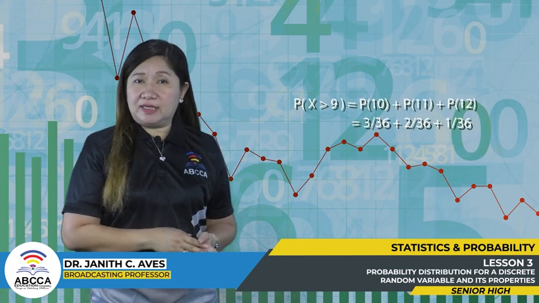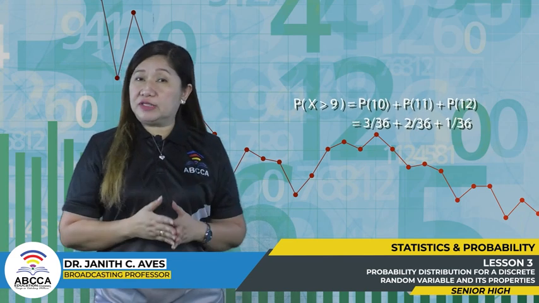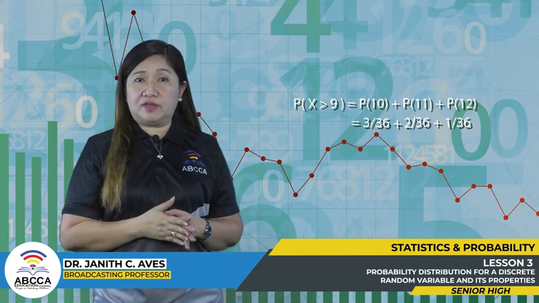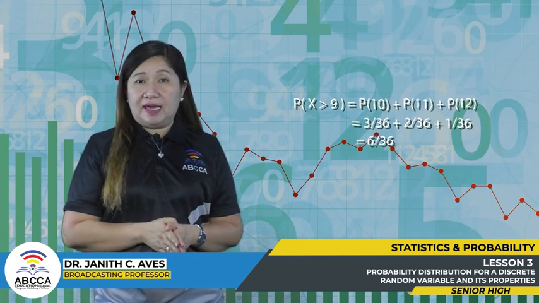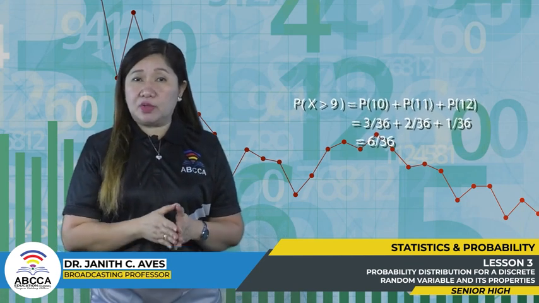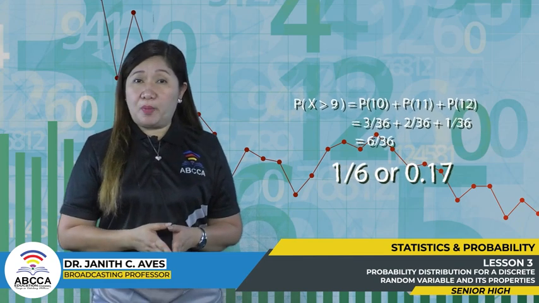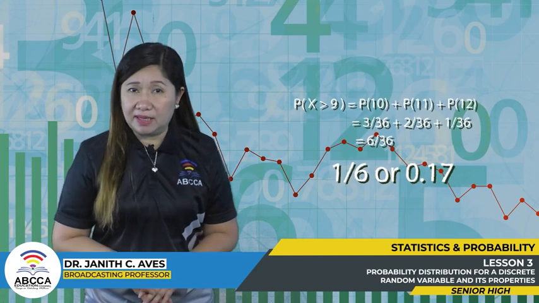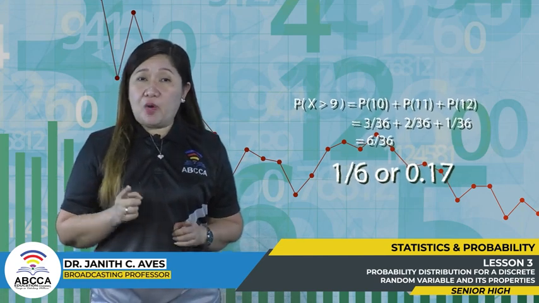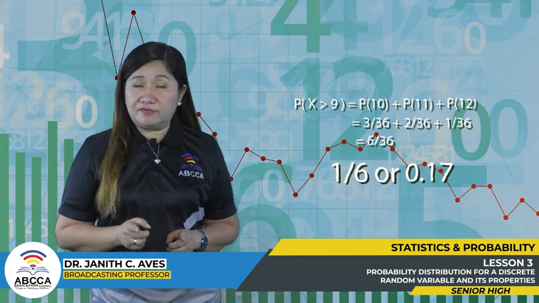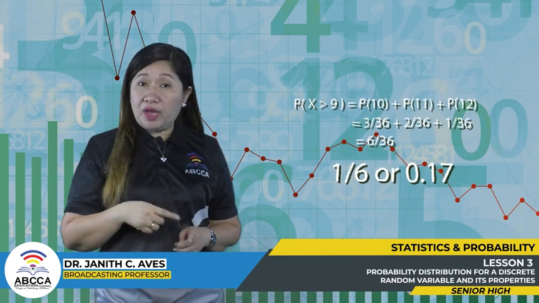Adding their probabilities, we have 3 over 36 plus 2 over 36 plus 1 over 36, that gives us 6 over 36. And again, reducing that to lowest term gives us 1 over 6 or 0.17 in decimal. That means there is a 0.17 chance of getting a sum that is greater than 9 when we throw a pair of dice.